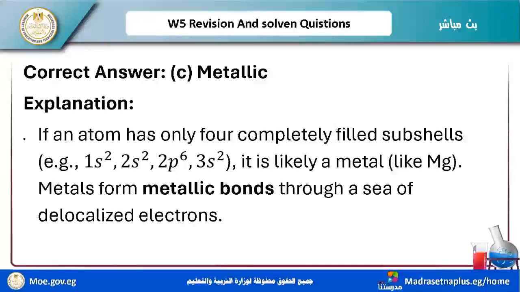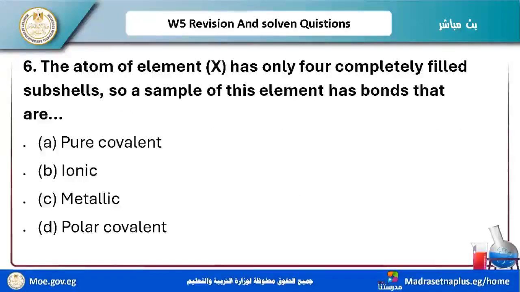It is to ensure that you write this electronic configuration and think to know which bonds it makes, because this is the property of this X. I mean a sample of these elements, a piece of this element.